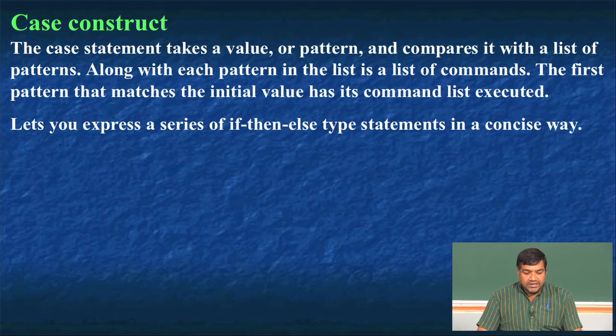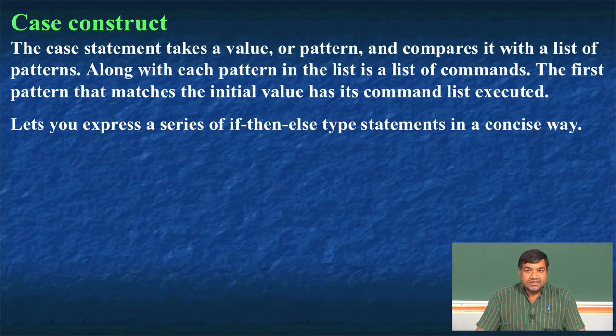If there is a series of if then else type of statements, this case construct gives you a very nice way of expressing your logic. So, that is one of the reasons we use the case construct.